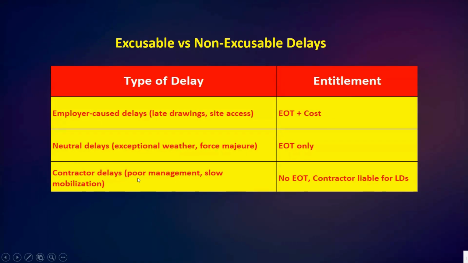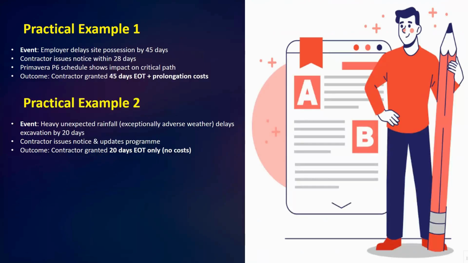Then contractor delays will be no EOT, and contractors are liable for liquidated damages. This classification is very important for delay analysis and claim evaluation. It helps to identify who is responsible for the delay and what compensation is justified.